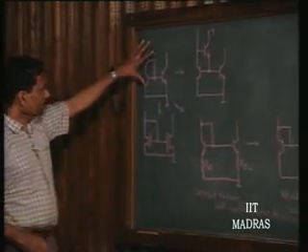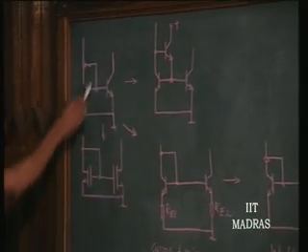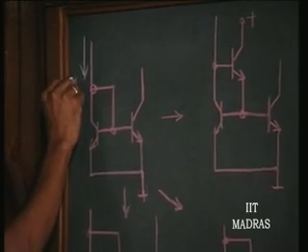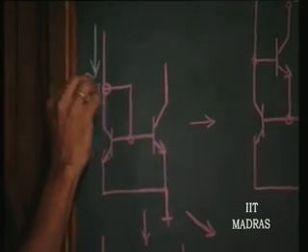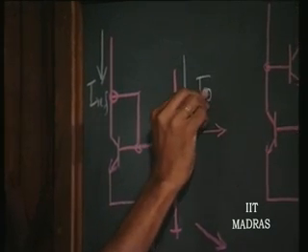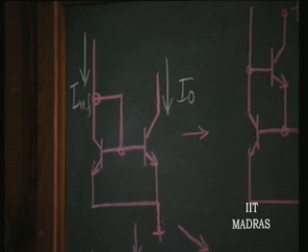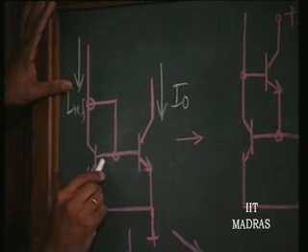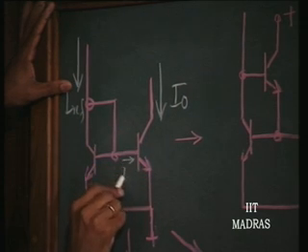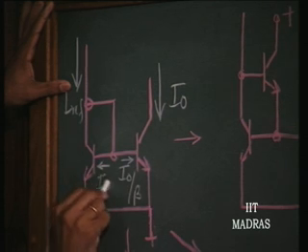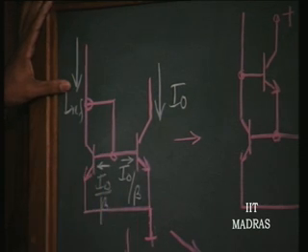Let us consider the basic current mirror here. The diode is biased by means of a reference current, whatever it is, which is supposed to get reflected exactly as I naught. There is a problem here in making I naught very close to I reference, because these base currents, I naught divided by beta and I naught divided by beta, have to be supplied obviously by the reference itself.